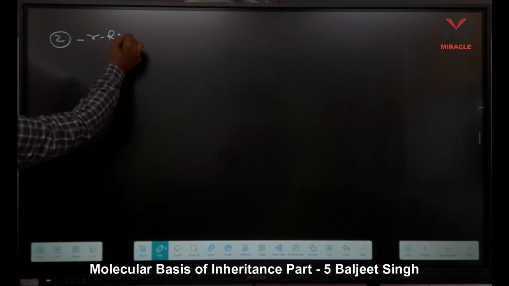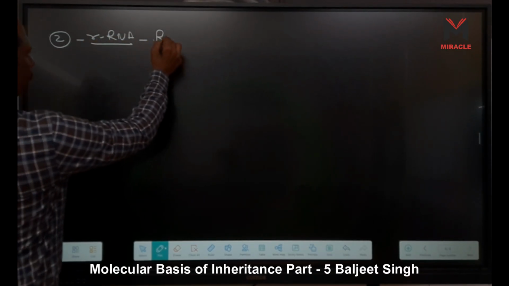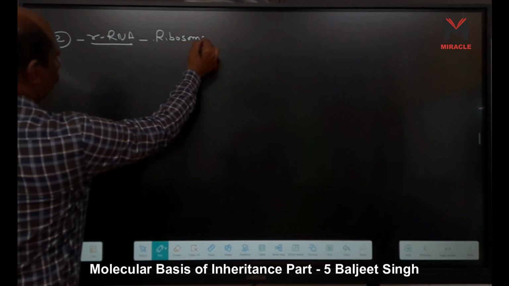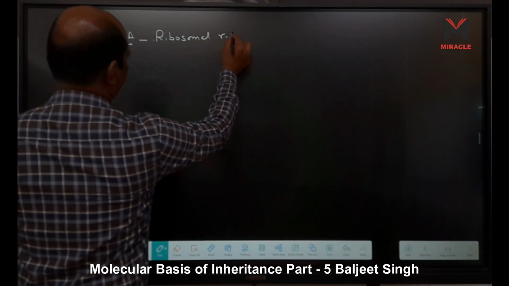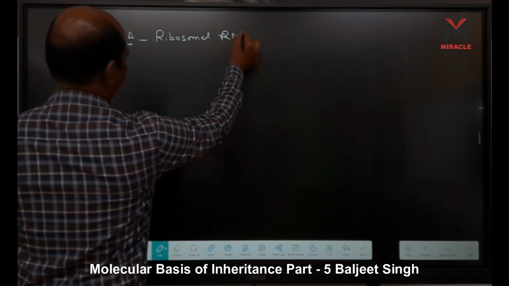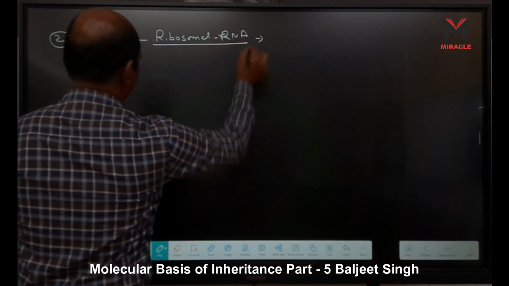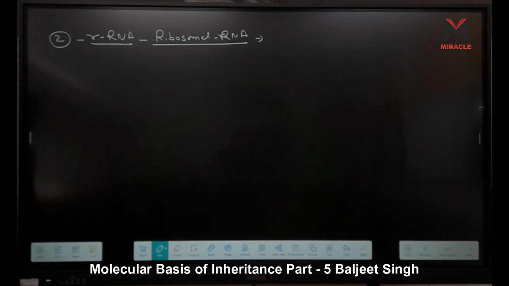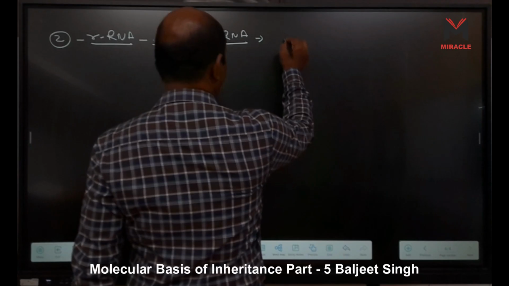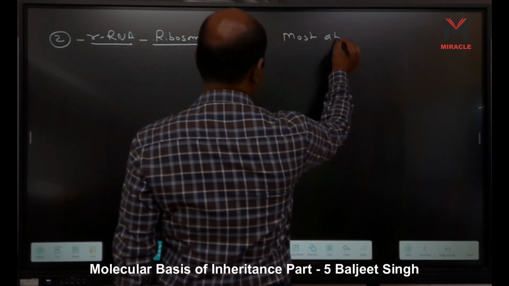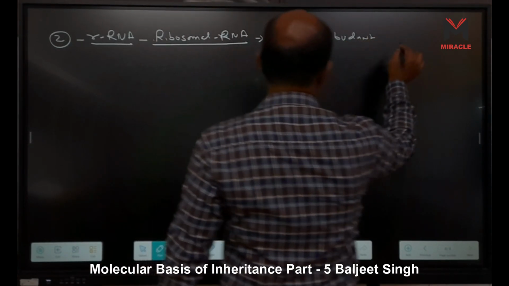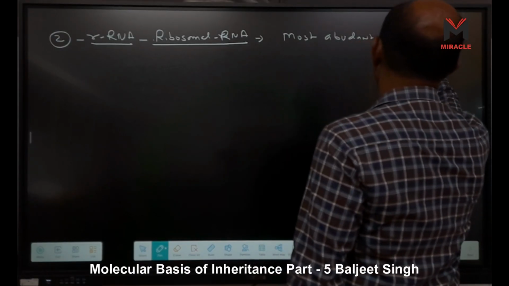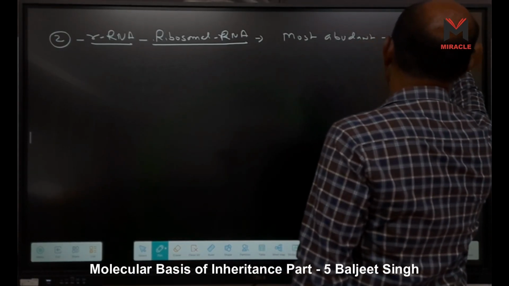Now the second one is our ribosomal RNA. Ribosomal RNA is the most abundant. Most abundant means 80% of total RNA.